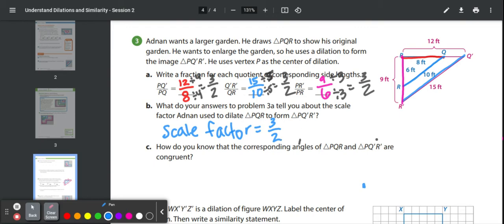And then letter C, how do you know the corresponding angles of the two triangles are congruent? Okay. Well, if they grow by the same scale factor, the angles don't change.